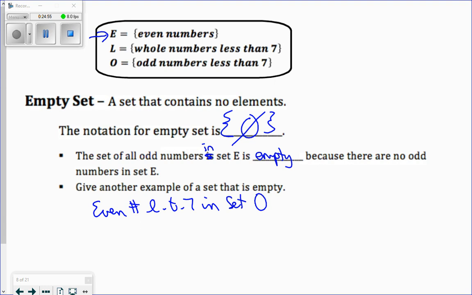It's anything that's not part of the other. Empty set becomes more important to us in the next thing, it's really not that big of a deal with this. All I'm saying is that if the answer is there isn't one, write empty set. Don't leave it blank. Don't write 0, because 0 is a number. Make sure you put that diagonal line through it.